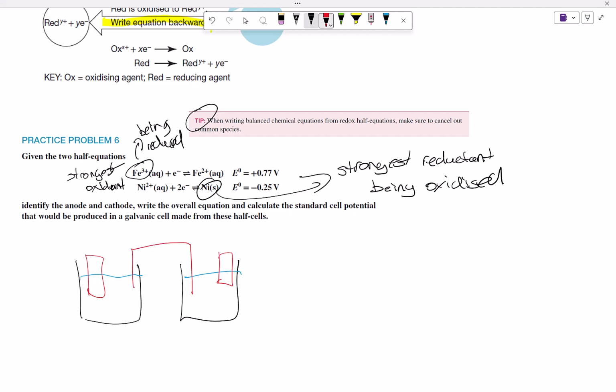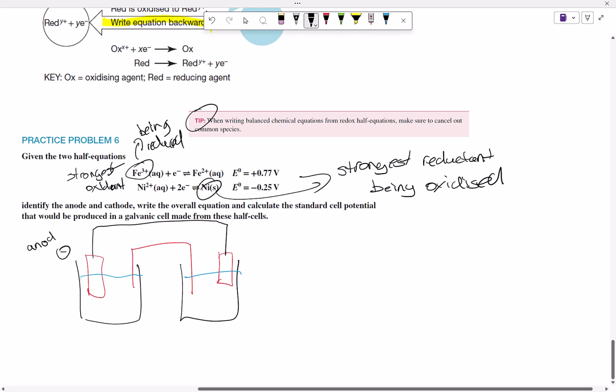Then that's my internal circuit, external circuit. Now I'm going to say this is the anode, just because I like it easier. This one's going to be the cathode.